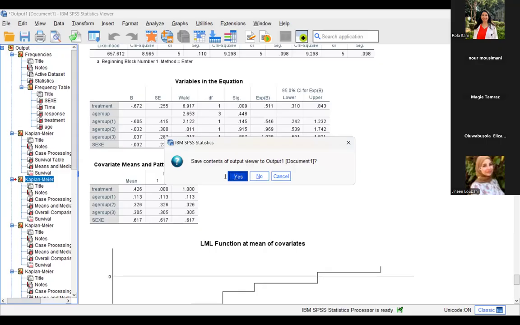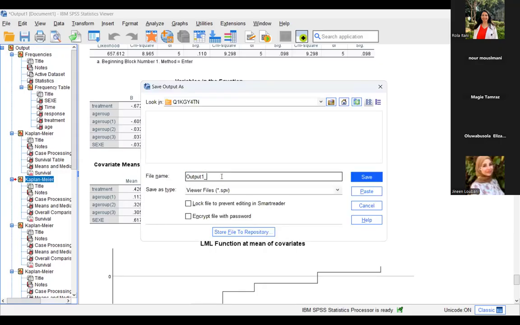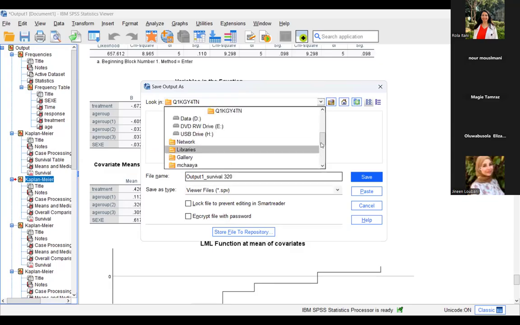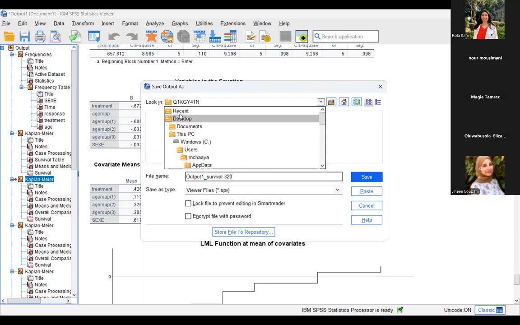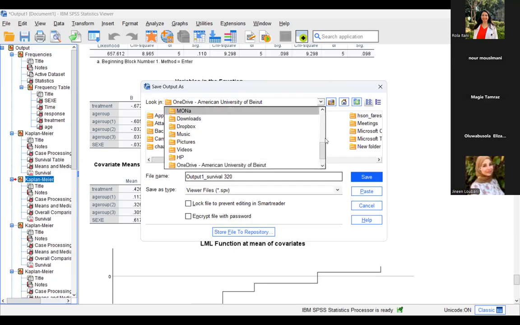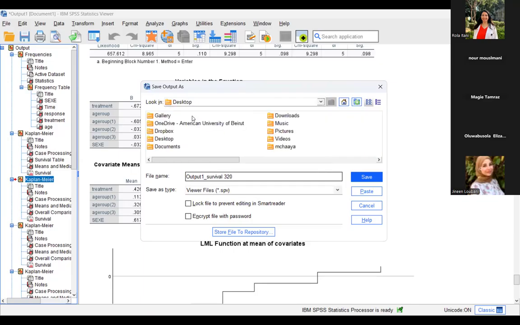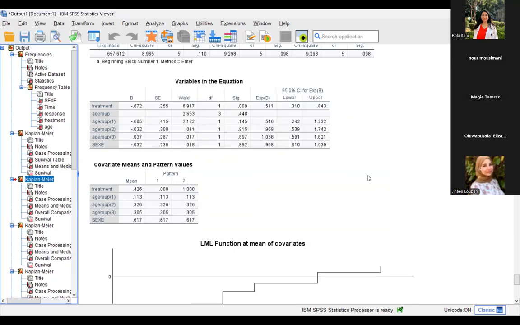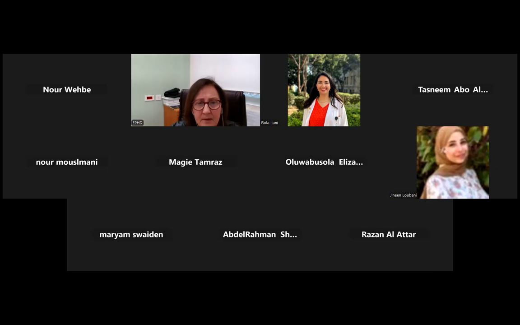So let me save the output as survival 20. I'll put it on my desktop and then upload it so you can see all the syntax.